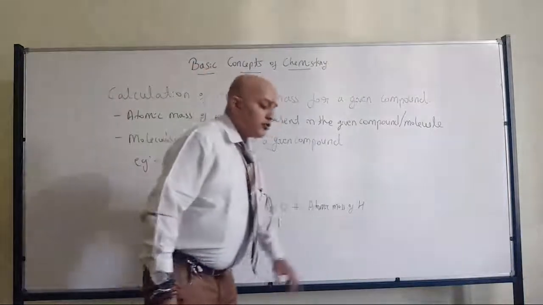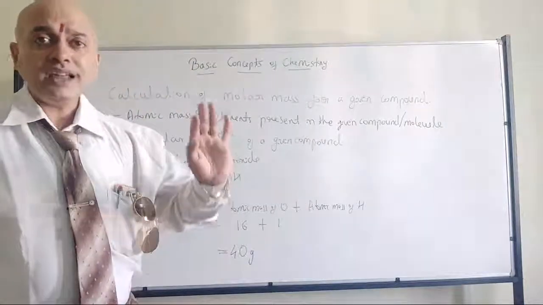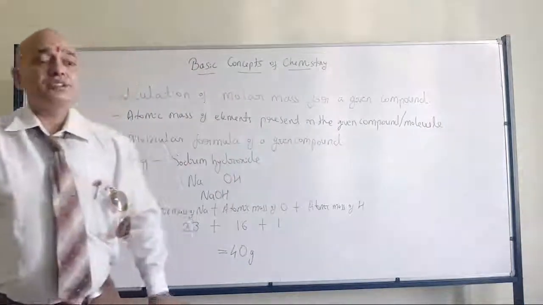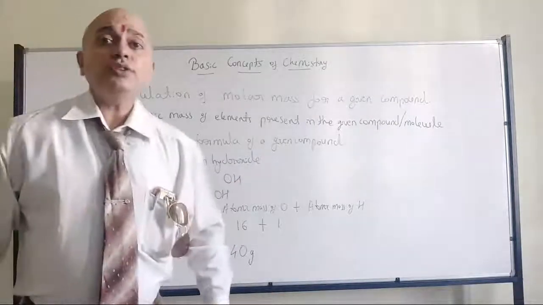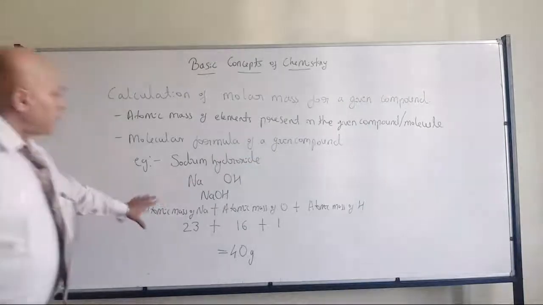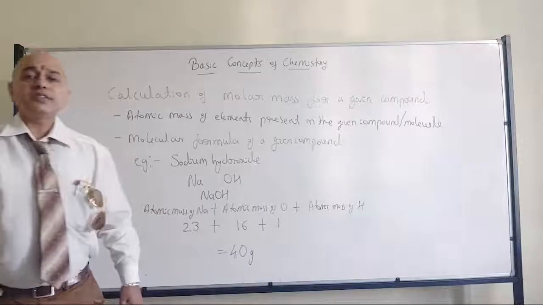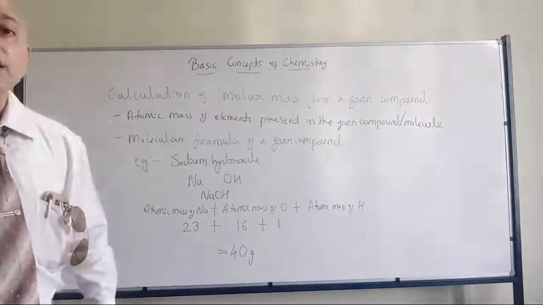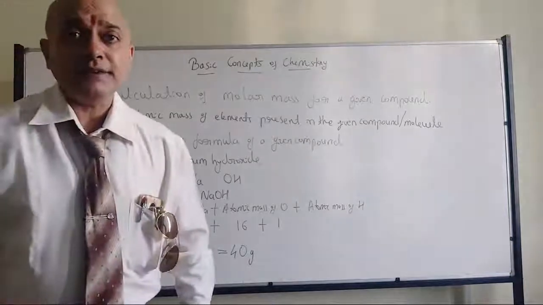Atomic mass of hydrogen is 1. Atomic number is also 1. That's where hydrogen is the exceptional case, because hydrogen does not have the neutron. But anyway, that's where we have the atomic mass of these three elements. I have added here and I have got the 40 gram as the molar mass of sodium hydroxide.